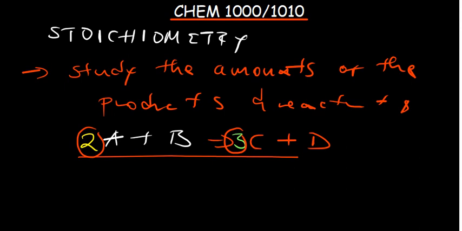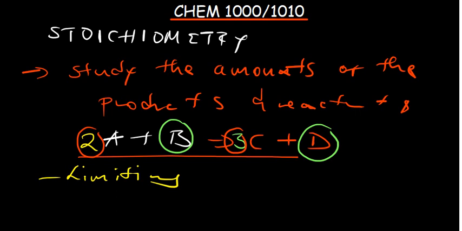Now under stoichiometry, they're going to assess you on things like determining how much of D is produced, and for you to determine anything in the reaction that is either reacting or how much is produced, you need to identify what we call the limiting reagent. So at the end of this lesson, you should be able to determine the limiting reagent and understand its importance and how we use it in our calculations under stoichiometry.